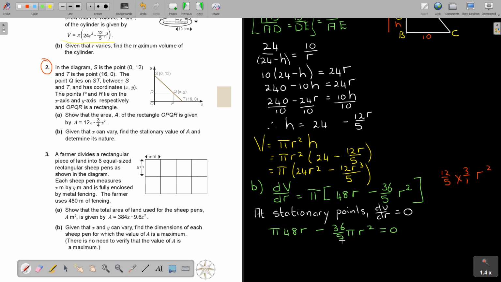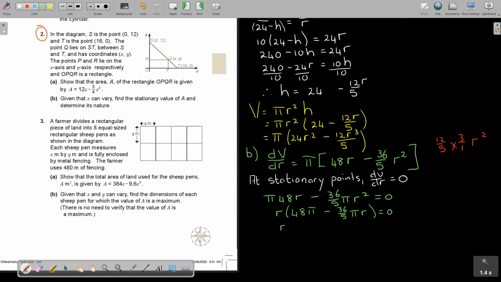Okay, and now I'm taking r out. Otherwise, I sit with the pi also. It's almost like I'm solving for x, but now I'm solving for r. So it's 48 pi minus 36 over 5 pi r, because one r is out. I'm factorizing it. Can you see that?